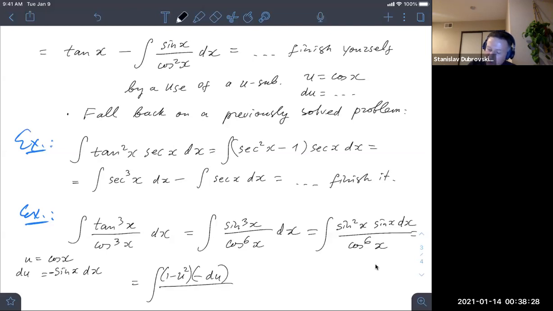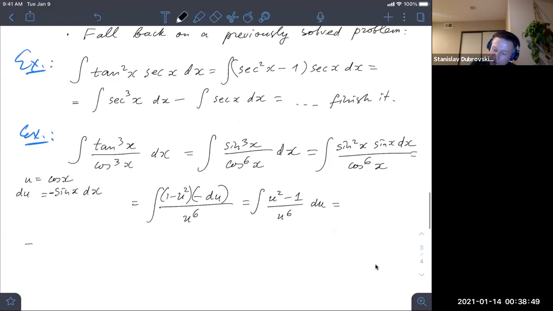So that's the top, and what do we make of the bottom? u to the 6. After that, it's all easy if we notice that we can just simplify the algebra under the integral to make it into u to the negative 4 minus u to the negative 6 du.